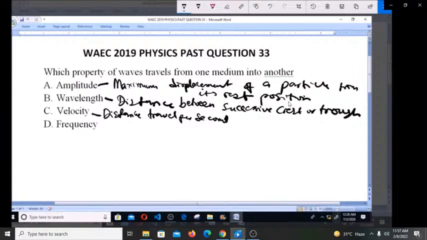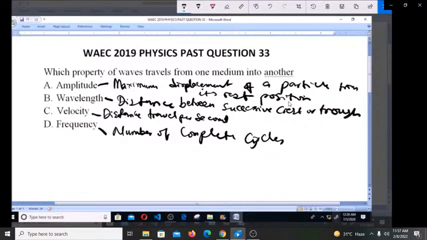That is velocity. Then frequency is the number of complete cycles covered over a period.